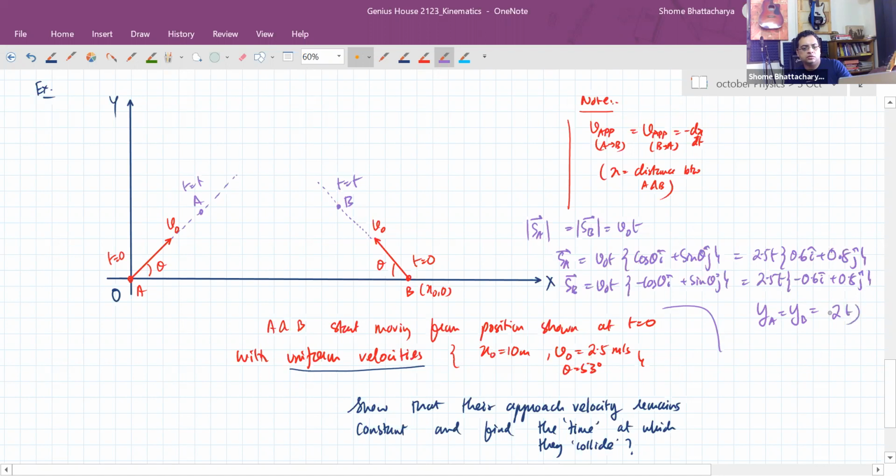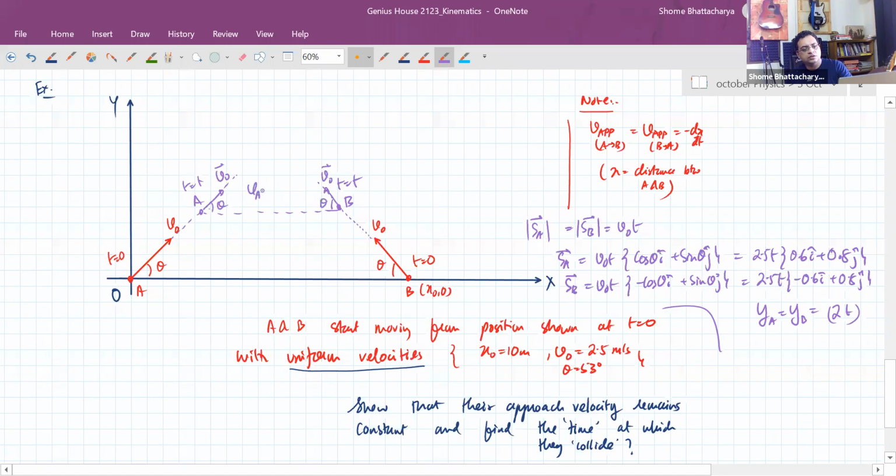So 2t. So they will always be such that the line joining them is a horizontal line. This shows you that this will always remain the same.